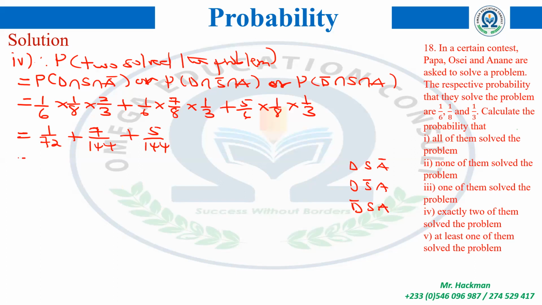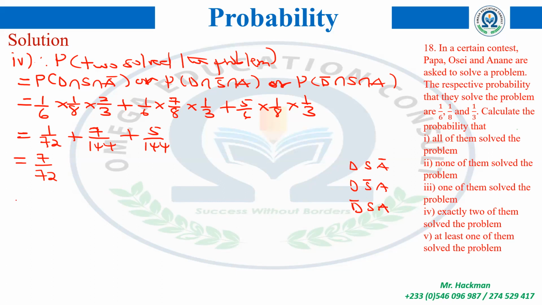So everything put together will give us, is it 7/72? Hope I'm right. Because this contains this. Will it give us 7/72? Yes, sir. All right, so this gives our final answer for IV.